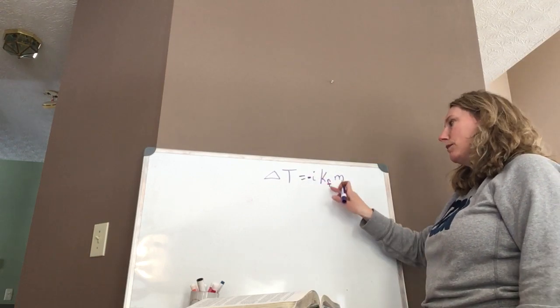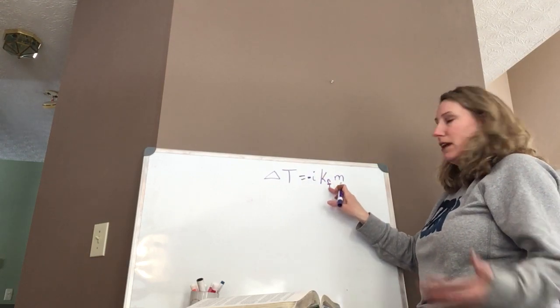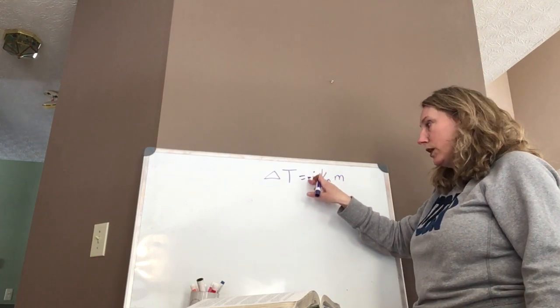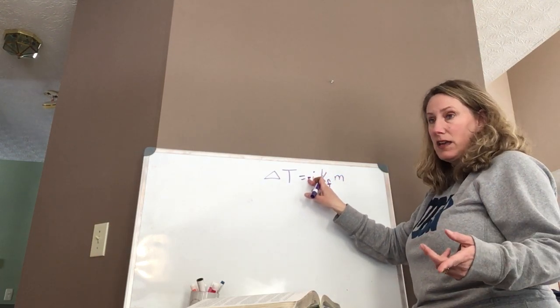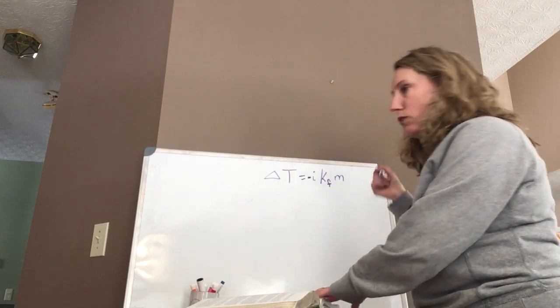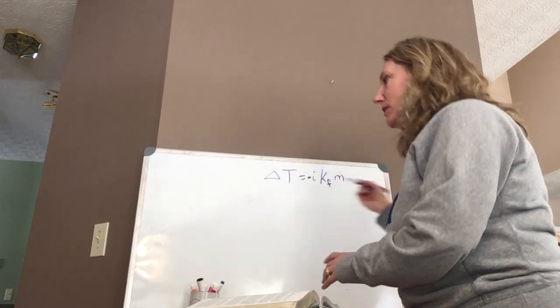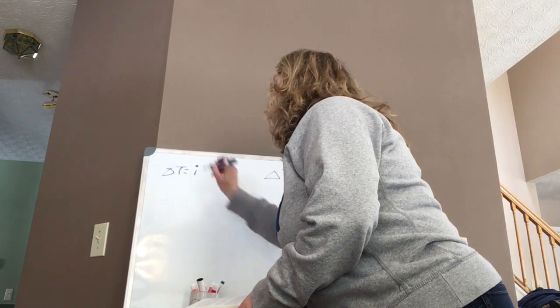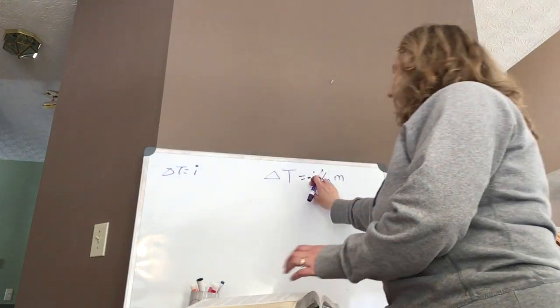I know it's freezing point because this is K sub F, and they're going to give you the K sub F in any problem. And I know it's lowering the temperature because this is a negative i. Okay? If we want to raise the temperature, it's going to be similar. It's going to be your delta T equals positive i, same thing, only this is not lowering my temperature, it's raising my temperature.